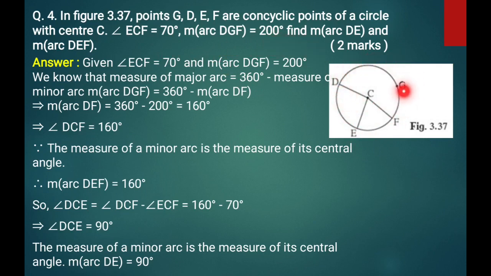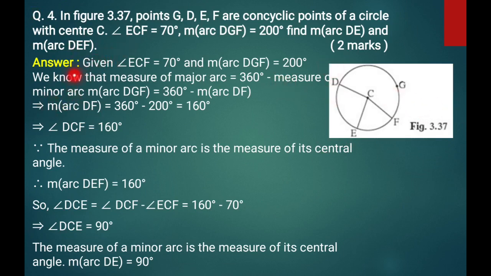This DGF is equal to 200 degrees. Find measure of arc DE. We have to find this measure of arc DE and measure of arc DEF. So first we find measure of arc DF.